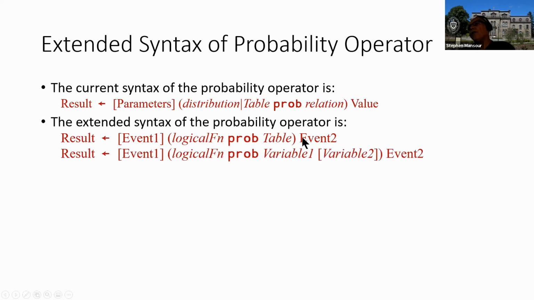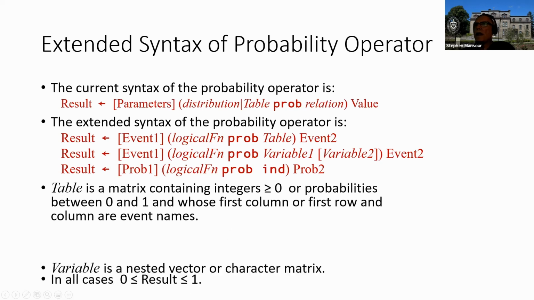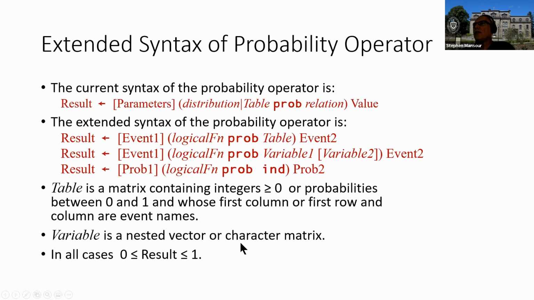We can also, instead of a table, just use the variables themselves, or we can pair the logical function with the independent function as the right operand. And table is a matrix containing integers or probabilities between 0 and 1. Variable is a nested vector or a character matrix. And in all cases, the result is going to be a probability, some number between 0 and 1.